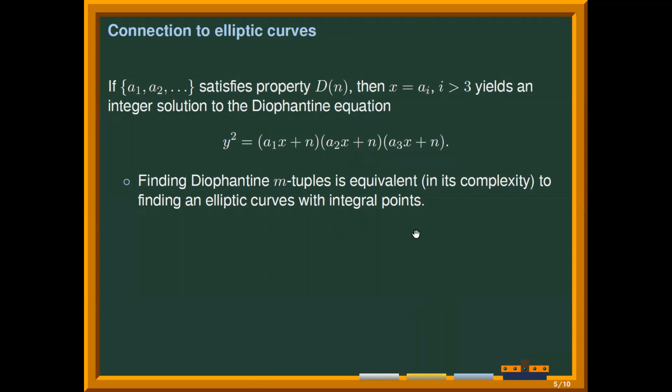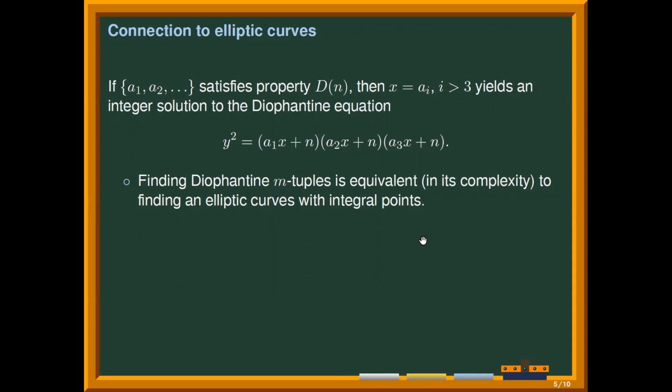I was wondering, you're saying the complexity is equivalent, but what exactly is the complexity? So here, the complexity is equivalent in the sense that the integral points on an elliptic curve are finite. No, sorry, I more mean which complexity class it belongs to.